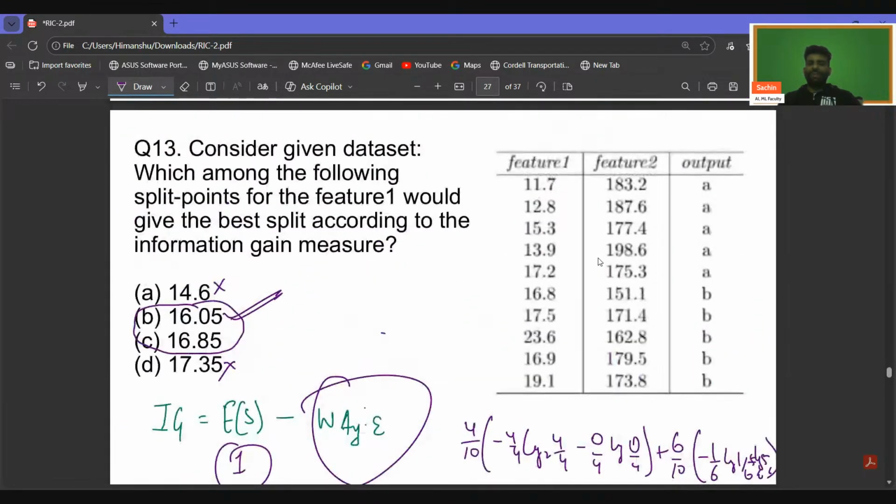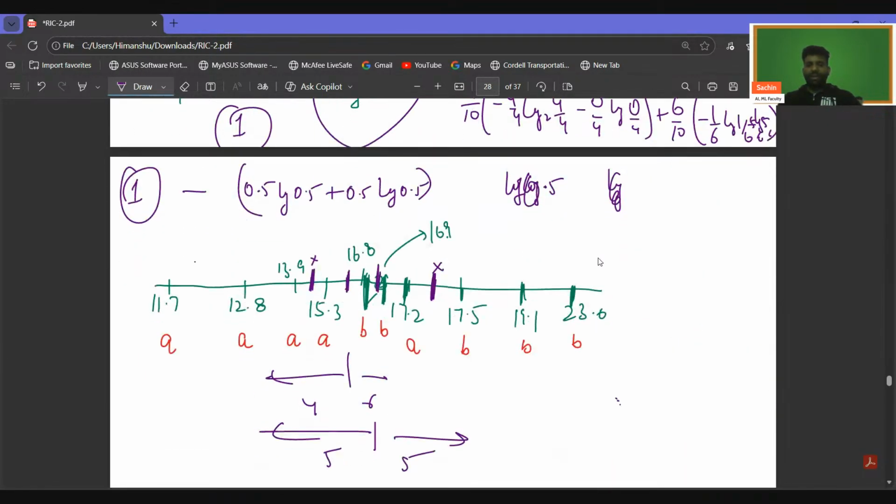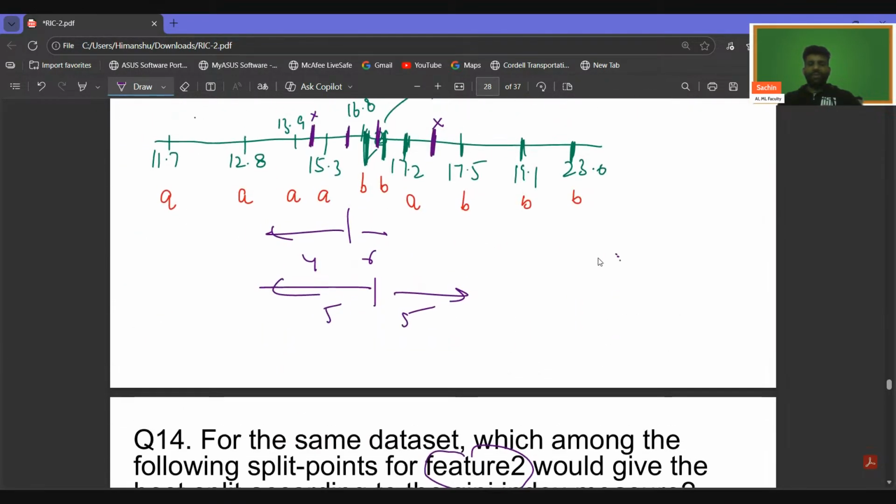Let me write it up for feature 2 in order, and then we can see this. We don't really have space for this, but you can use the same kind of idea. You can just sort it and then calculate your Gini index. Wait, need to rub it off.